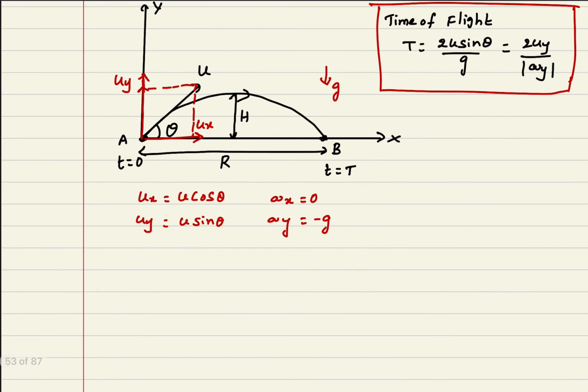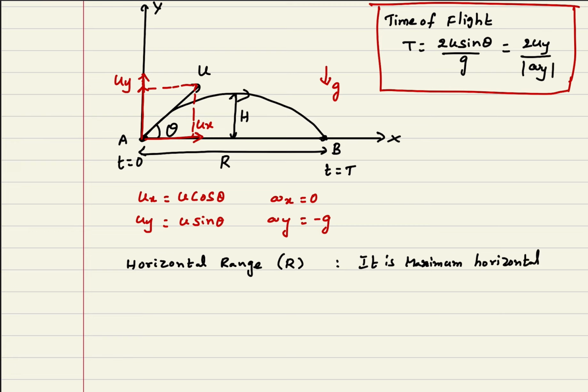Next, we can see horizontal range. Horizontal range is R. It is maximum horizontal distance covered by the projectile.